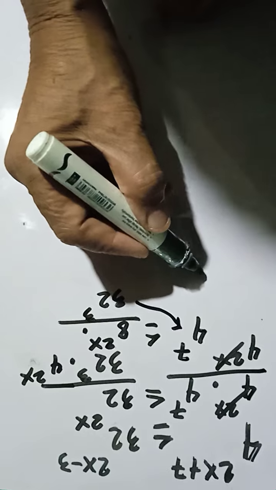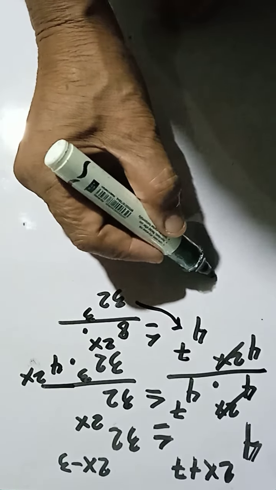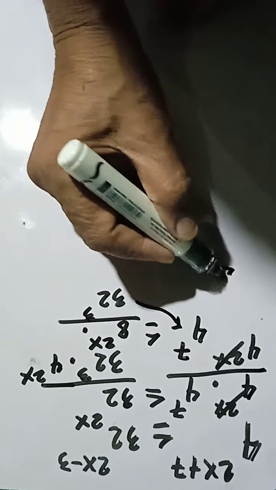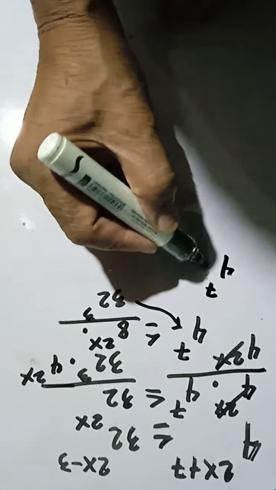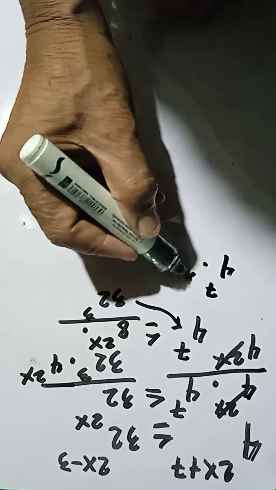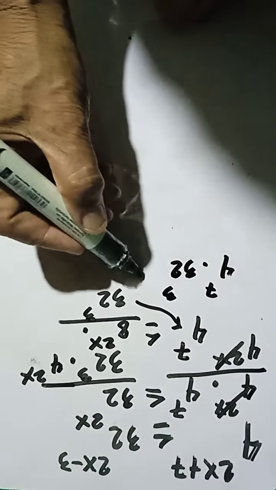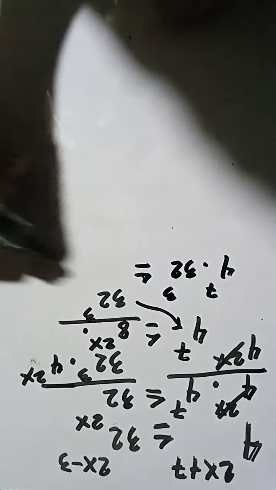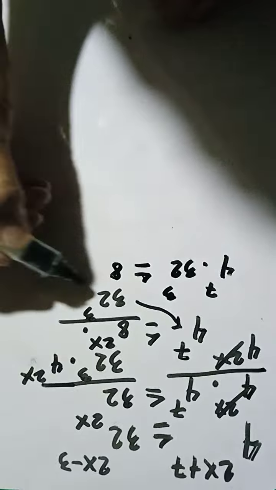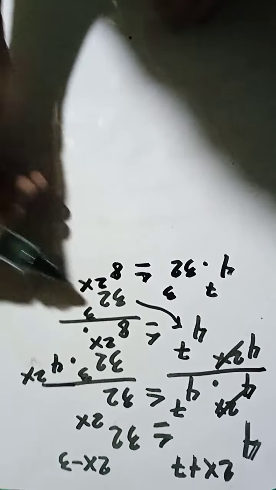So 4 raised to 7 times 32 cube is less than or equal to 8 raised to 2x.